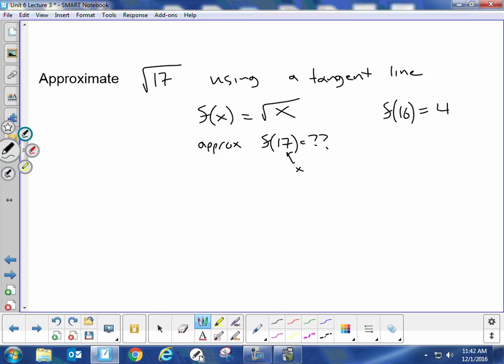Use this point, find the slope of the tangent at this point, and then use the equation of your tangent line to approximate root 17 by plugging in 17 for x. Okay, go.